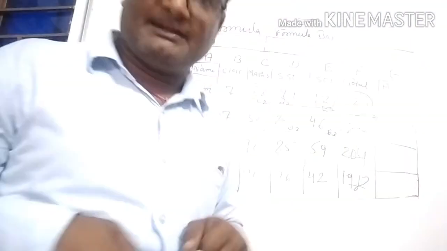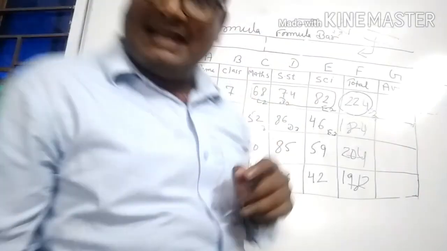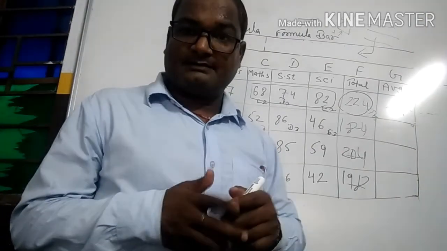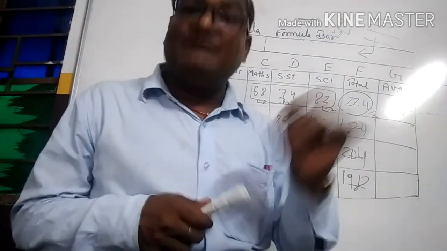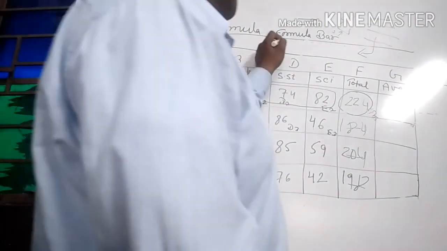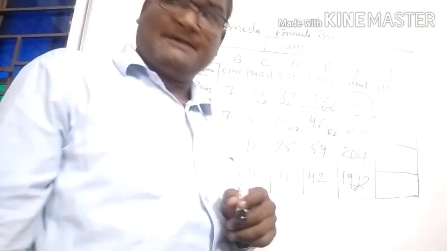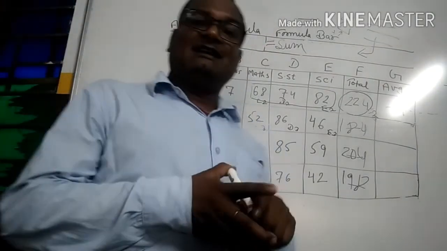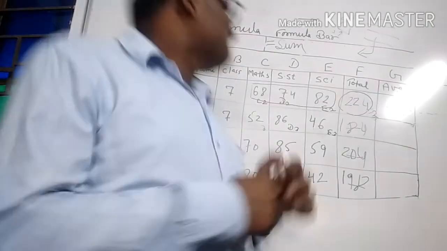What is the third way? By the help of the function. For adding, there is a sum function, S-U-M. But before sum, you should write equal to. I already told you that when you write the formula, before writing the formula you should write the equal to sign. Sum.